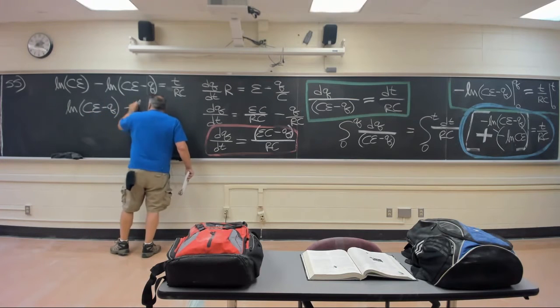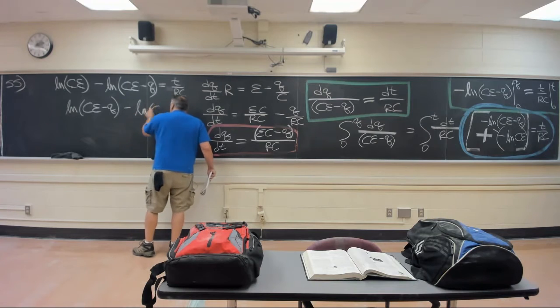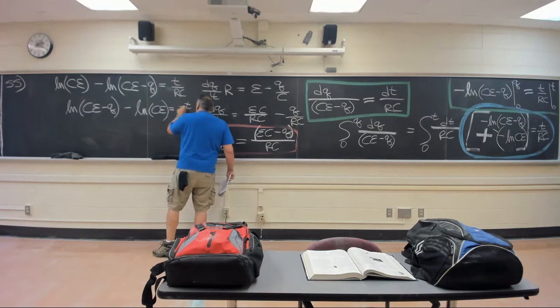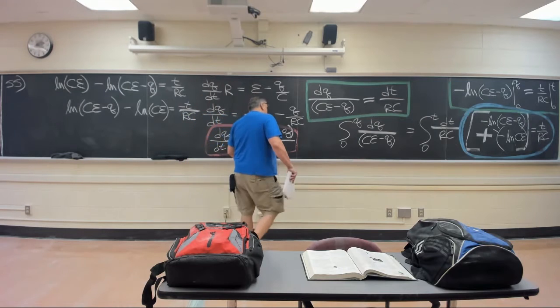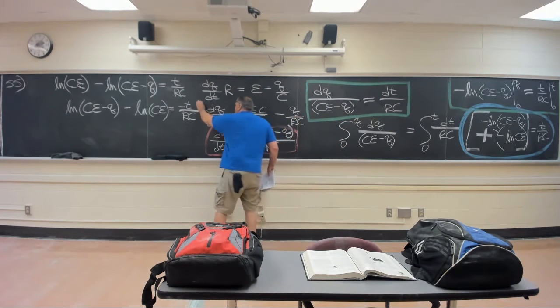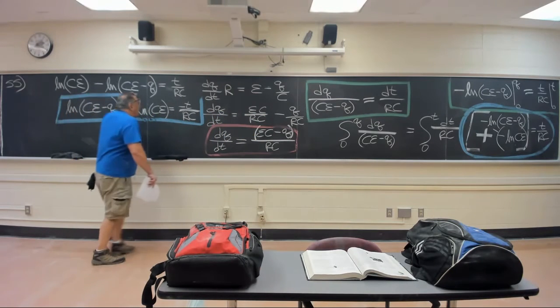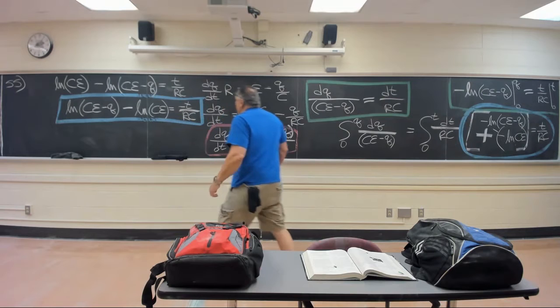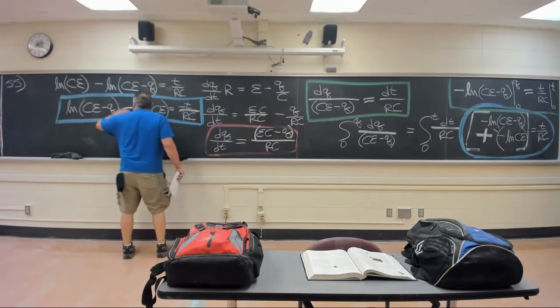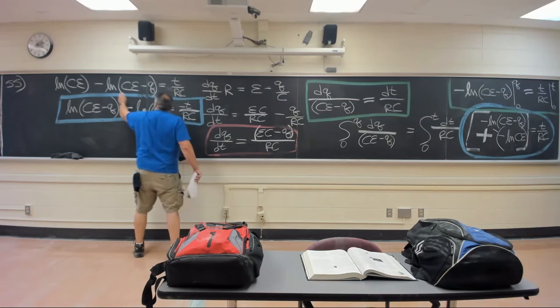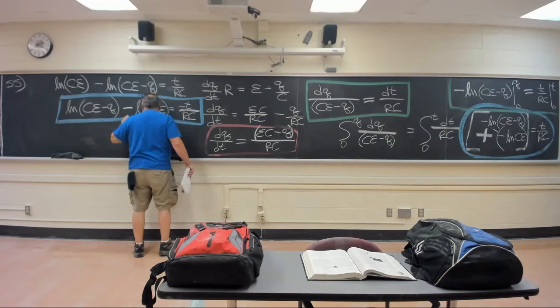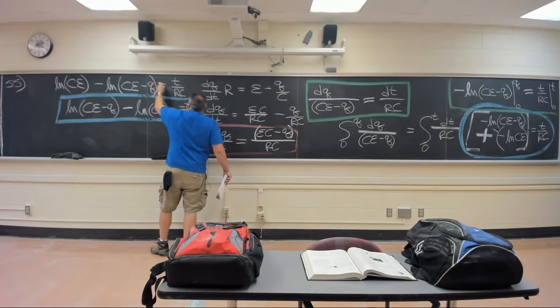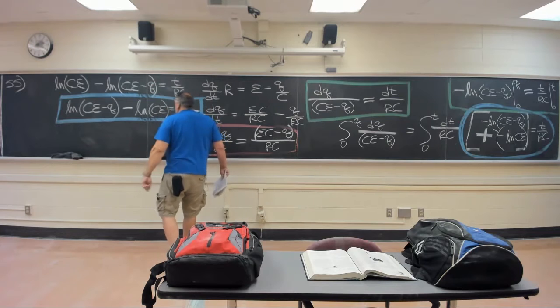If you multiply by -1 on each side, the order of the subtraction gets reversed, and multiply by -1 on this side as well, it's a negative t over RC.